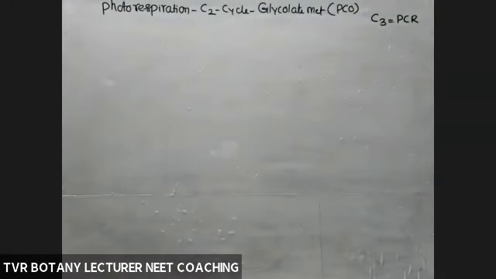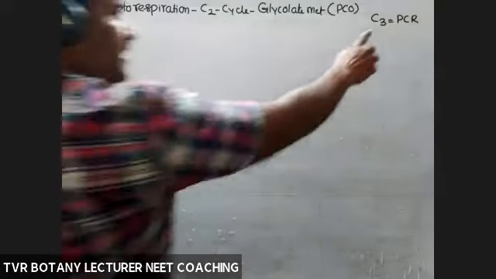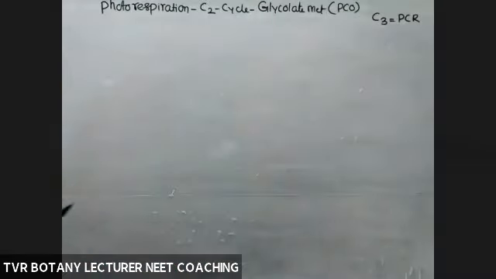Okay, these two are quite opposite to each other. First one, PCR, photosynthetic carbon reduction, glucose is produced. Photosynthetic carbon oxidation, oxidation of carbon, reduction of carbon. See, reduction of carbon, oxidation of carbon.